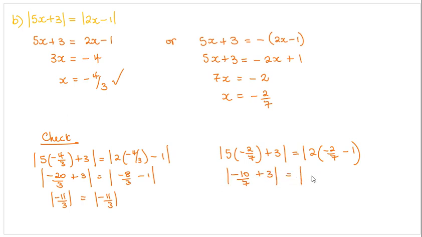And this is negative 4 over 7 minus 1, which is going to give me 11 over 7 in the modulus. And this is going to give me negative 11 over 7 in the modulus. Now the modulus of 11 over 7 is 11 over 7, and we know the modulus of negative 11 over 7 is also 11 over 7. So both values work and both are solutions to this equation.